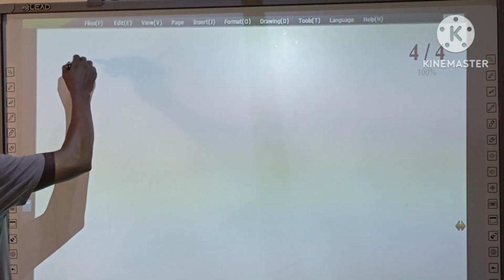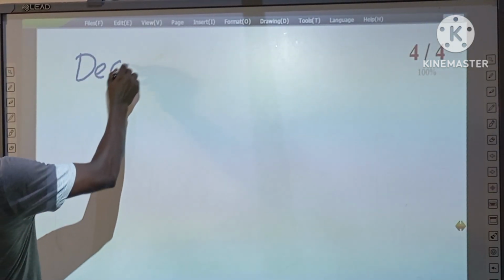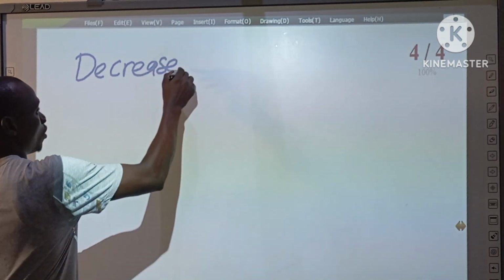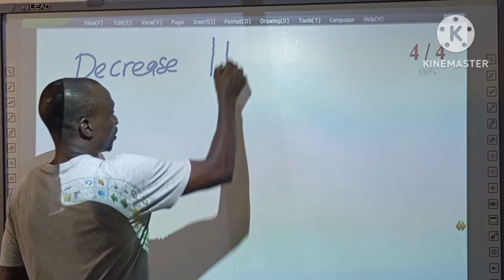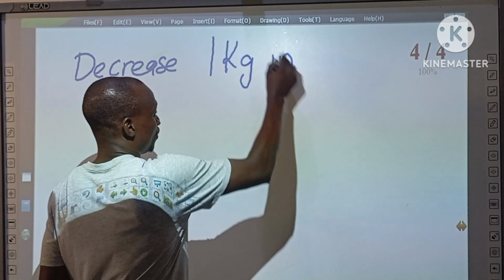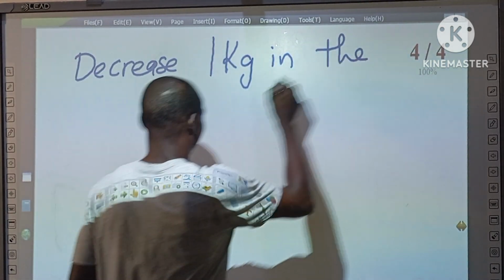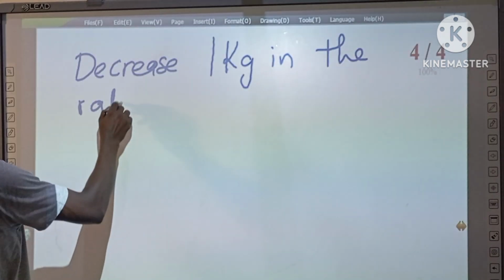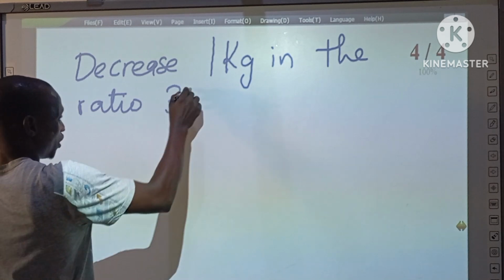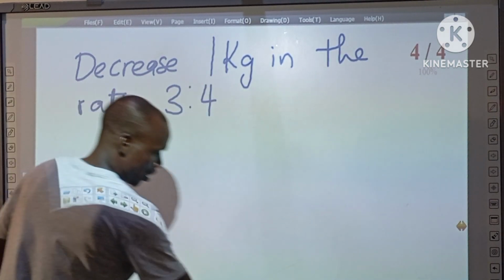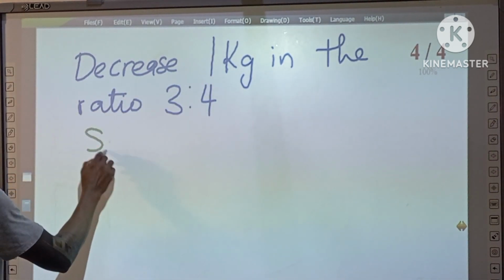So we were asked to decrease 1 kilogram in the ratio 3:4. I go straight to our solution.